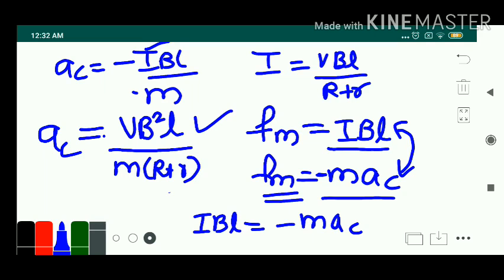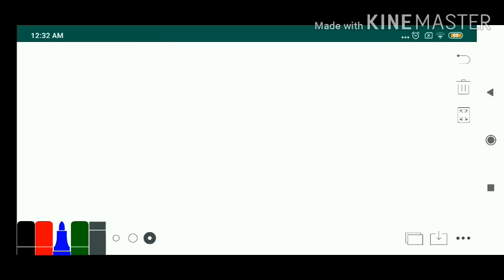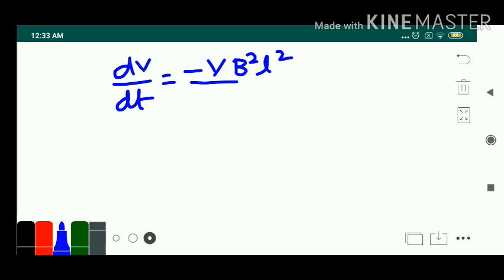Sometimes this is directly asked, right? So you found acceleration. So what is acceleration? It's dv by dt. So I will write it as minus vB squared L squared divided by m(R plus r), right? Now what we are going to do is bring some common terms. So here there is a v, I am going to bring it down.